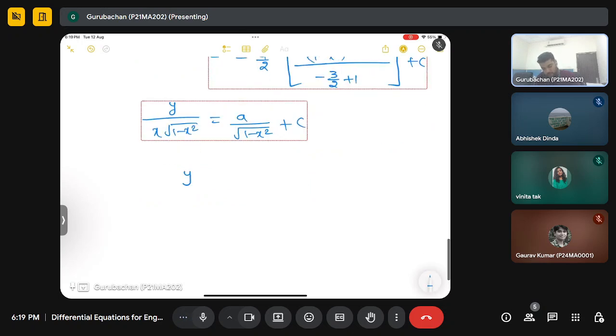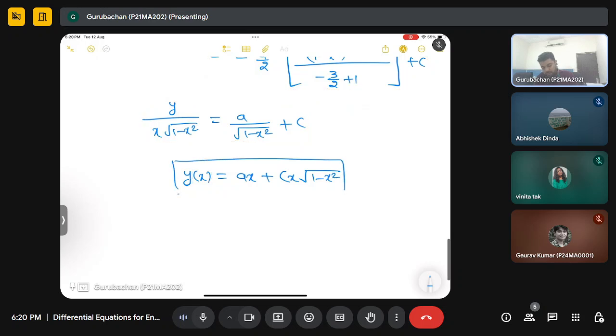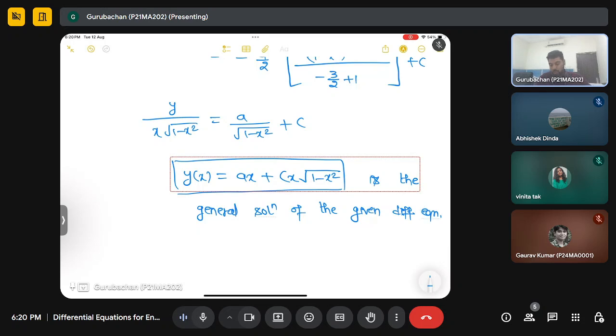If you rearrange it, you will get y equals x plus c x times under root 1 minus x square. So this will be the general solution of the given question. I am mentioning one note here that if you are not getting any point, you can ask me.